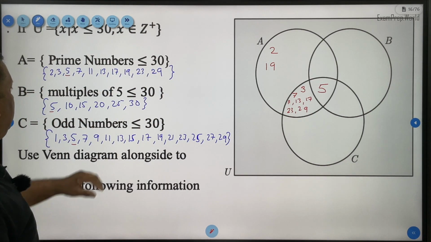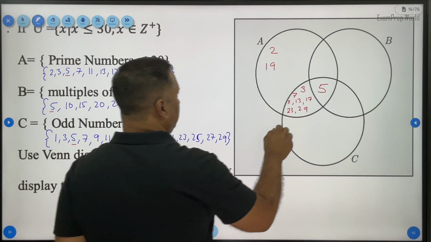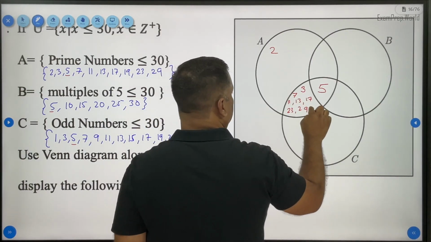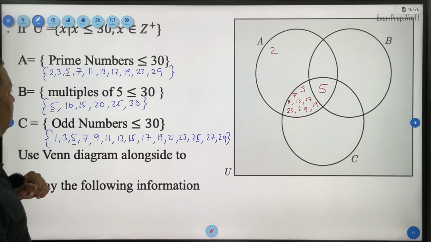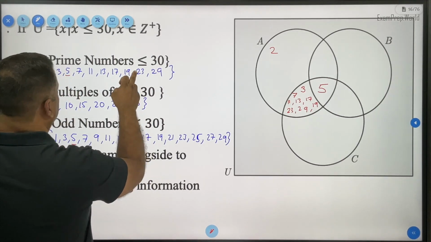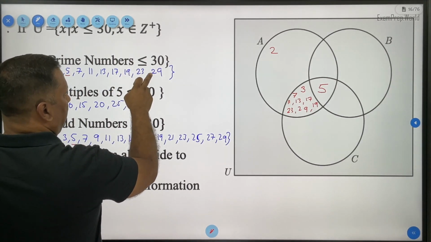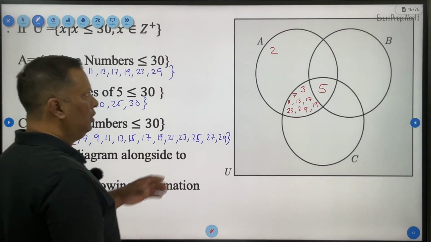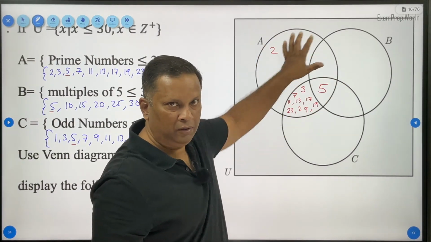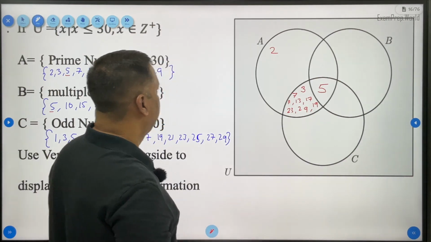Oh no, 19 is there in both of them. We can't write it here. Write 19 here only. 19 stands in both of them. 23 and 29. So practically all elements of A are covered, right?